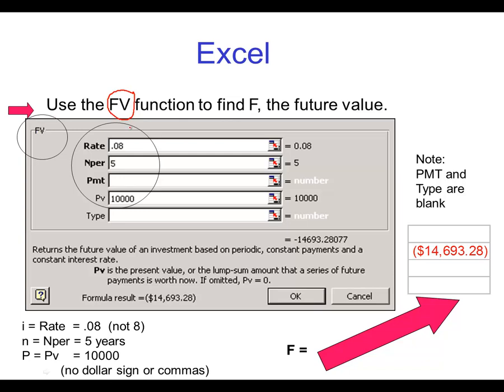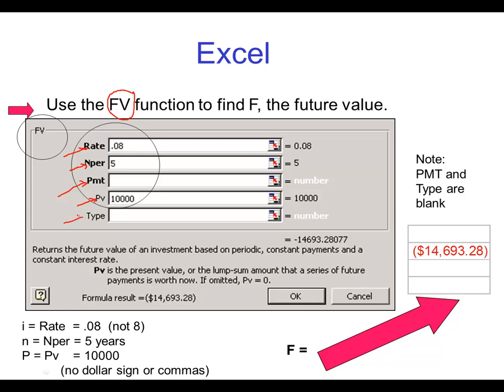If you type in a cell that you are looking for the future value, it will give you the arguments, which are the rate, the number of years or periods, and the payments. If I have only a present value and I don't have any payments, then I don't have to worry about this.